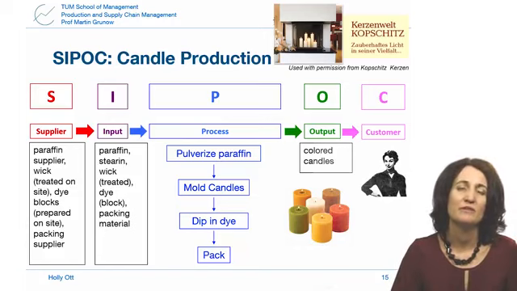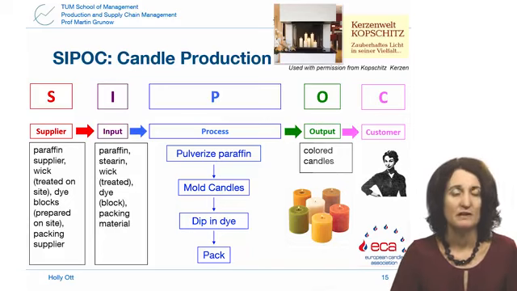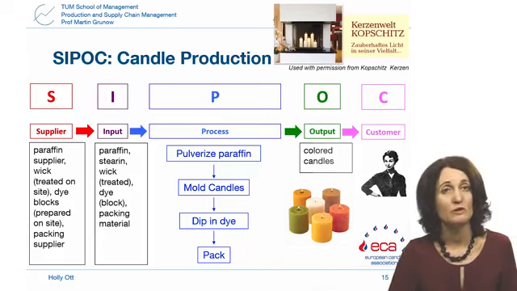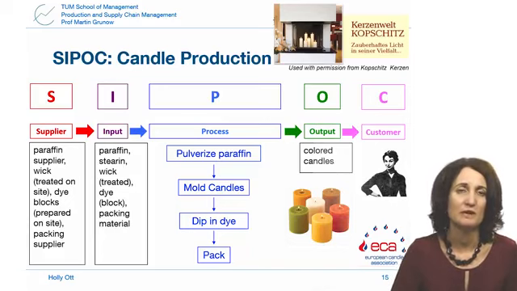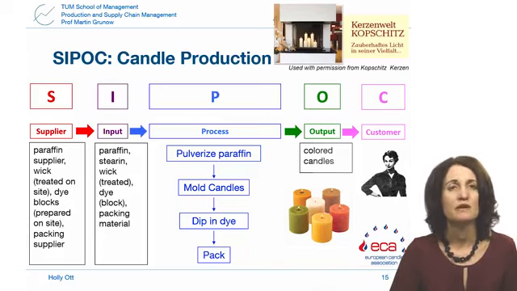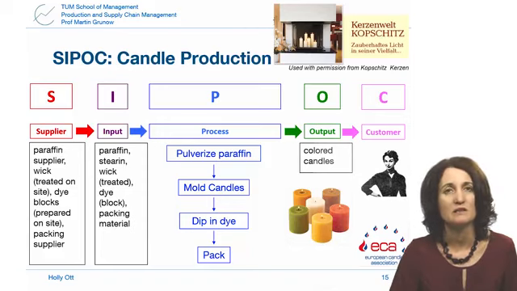But there's one other thing I want to point out here. There are different entities that can govern the quality. So not only do you have the customer who would like to have a yellow candle for her table, but you have restrictions and specifications that are required by different entities.